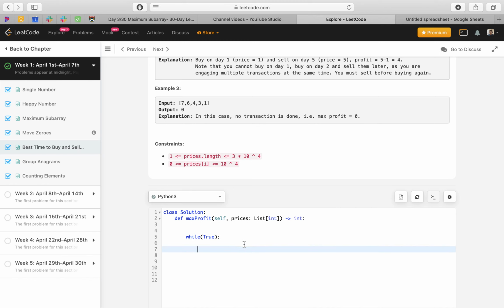So first it would traverse through, so i is equal to 0, right? So we can make the assumption that the local min is at the first index.